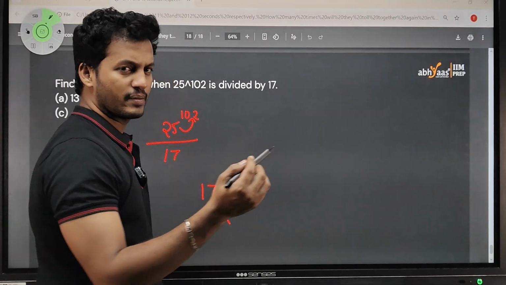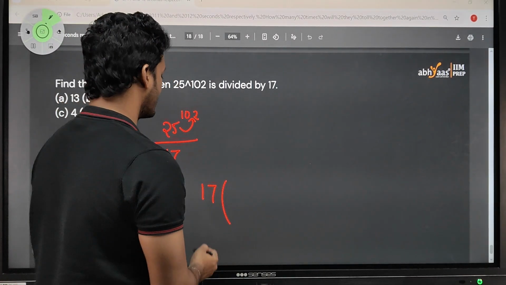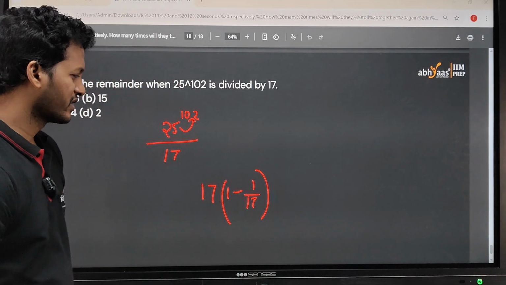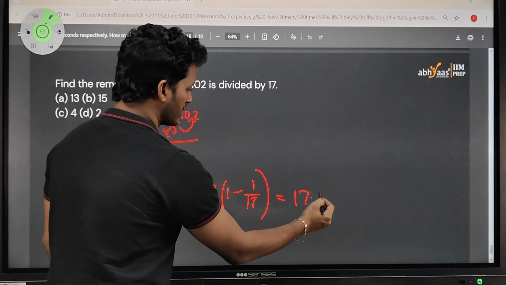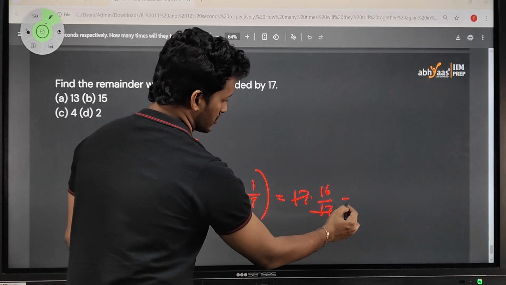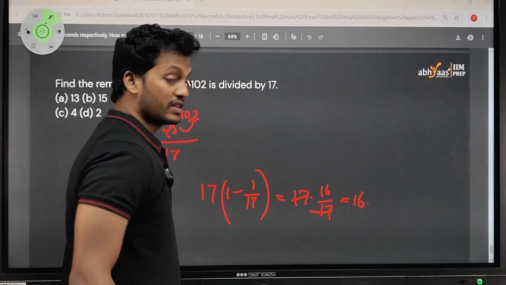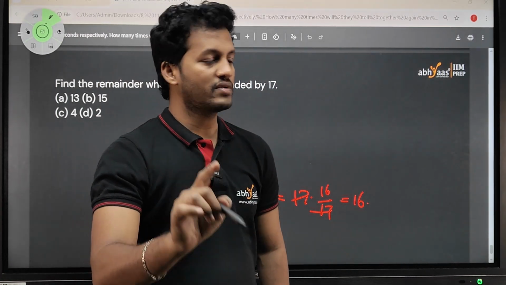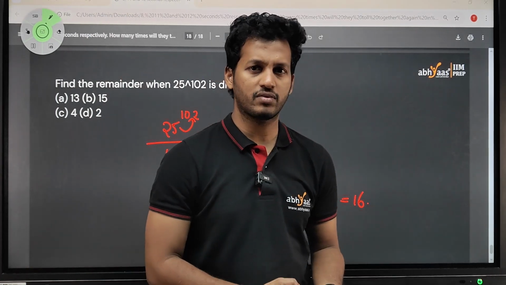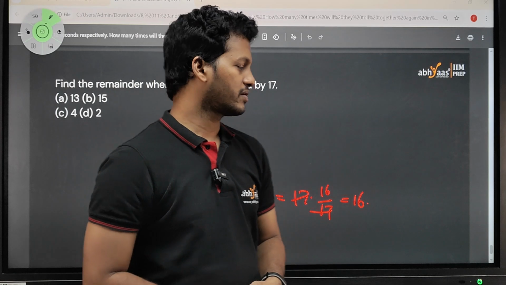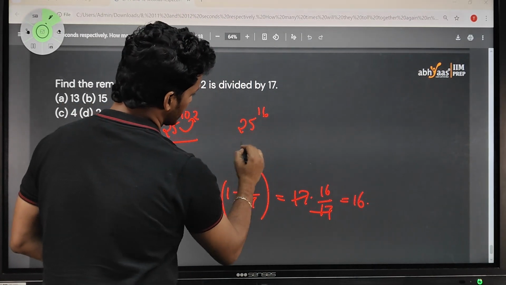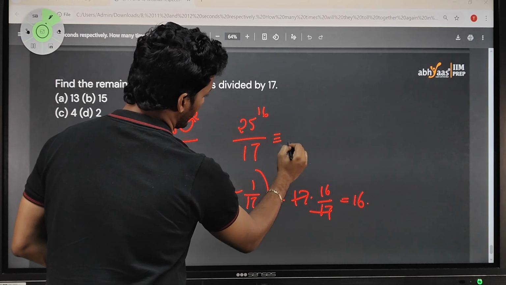The prime factor of 17 is 17 only, because it is a prime number itself, so 17 into 1 minus 1 by 17, the answer is 16. That means there are 16 co-prime numbers below 17. Because 17 is a prime number, every number below 17 is a co-prime. So 25 power 16 when divided by 17 will leave remainder 1.